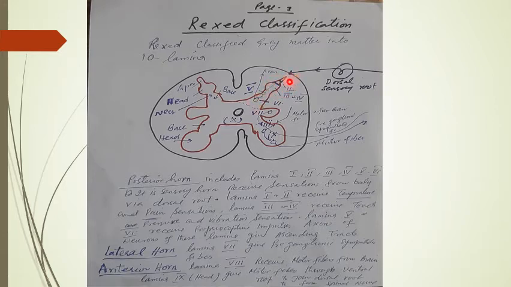Laminae 1 and 2 receive the sensation of temperature and pain. Laminae 3 and 4 receive the sensation of touch, pressure, and vibration. And laminae 5 and 6 receive proprioceptive impulses.